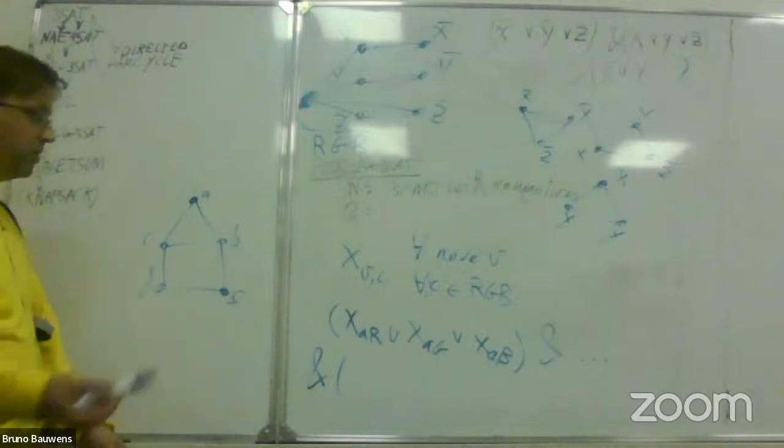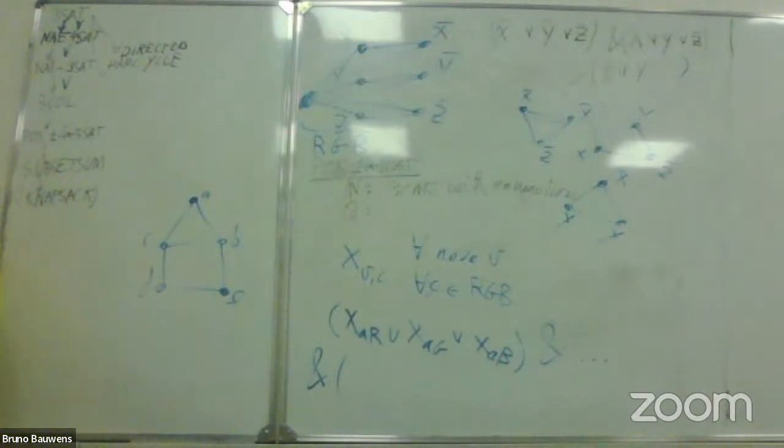And so how will we code these constraints? Oh, it's a little tricky. So what is the first idea that doesn't work?